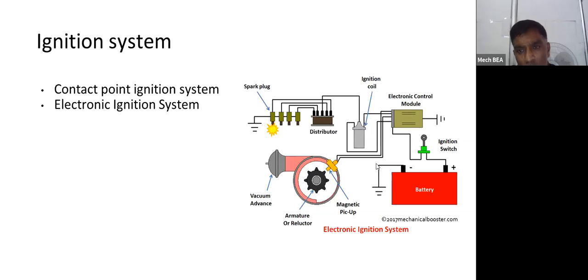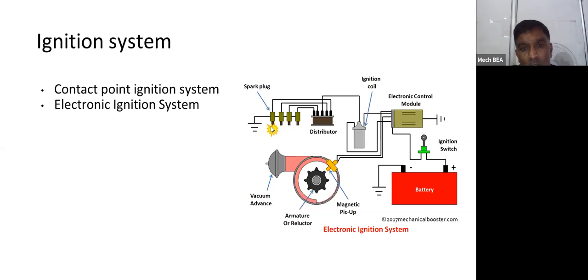Now with respect to the name of each component, you can understand the function of each component. This is the source of energy, and that is required once ignition is provided. This electronic control module operates, and accordingly the ignition is provided via this distributor to the spark plugs.